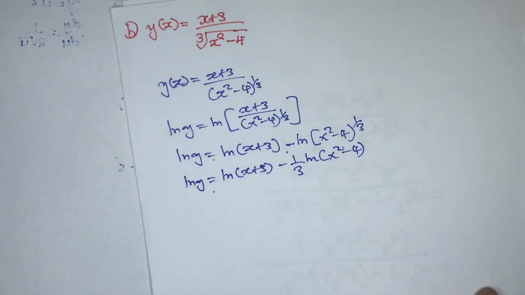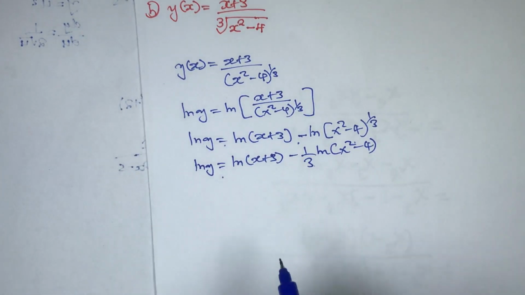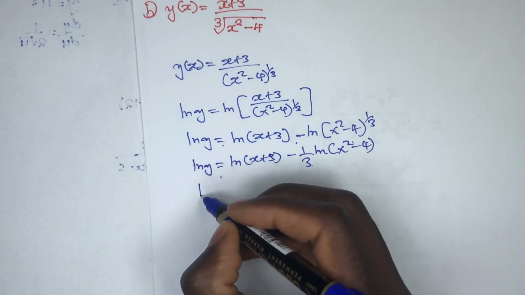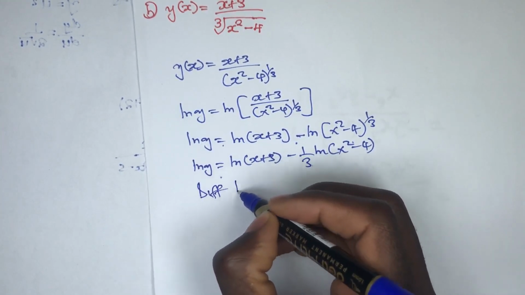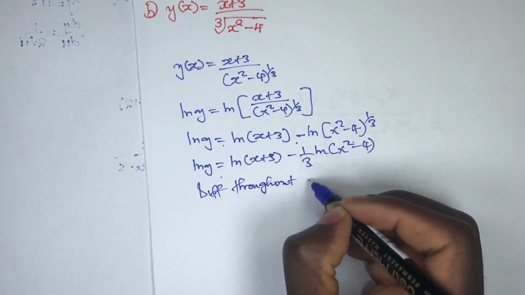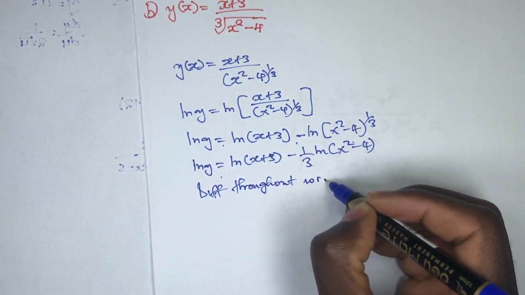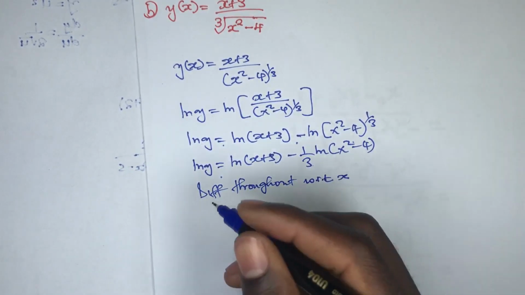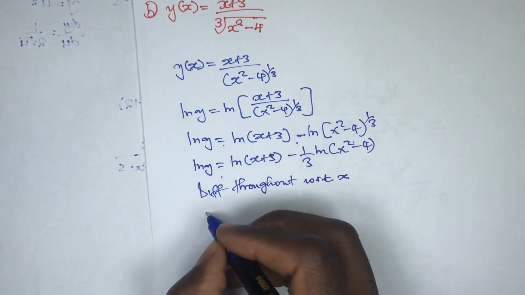So now, if that is the case, here we're going to differentiate throughout with respect to x. So I say differentiating throughout with respect to x. We're just going to show that now we're differentiating with respect to x.